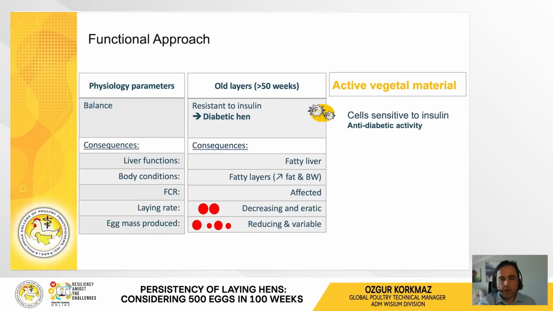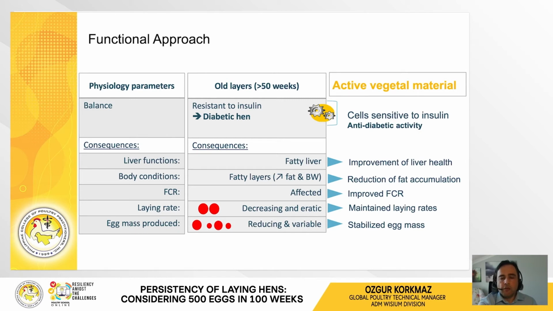Especially in old layers after 50 weeks of age, we can see more fatty liver, and we can have fatty layers, higher fat, and consequently higher body weight. Feed conversion ratio is increased, laying percentage decreases or is erratic, egg mass produced is reducing and variable.